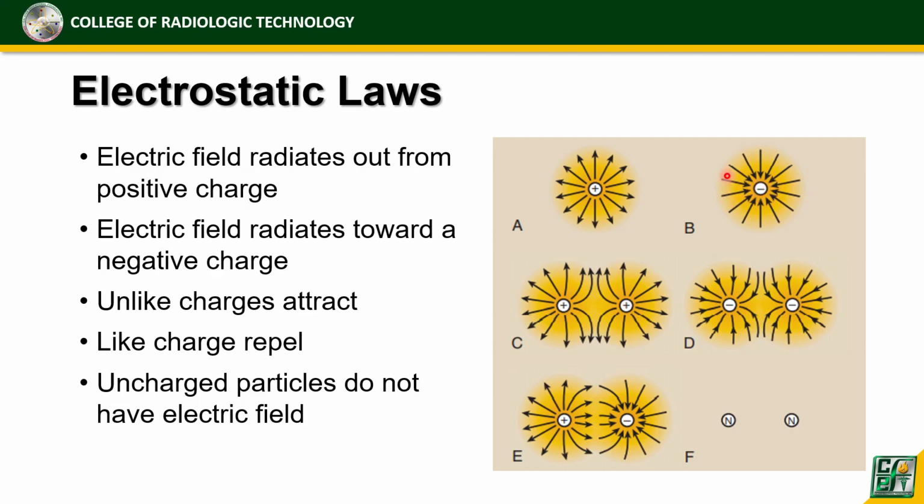So therefore, kung ito yung unang premise, mapupunta tayo sa attraction and repulsion. So kaya nga kung siya ay positively charged sa negatively charged, dahil ang positively charged outward ang electric field at ang negatively charged ay inward ang electric field, therefore they will attract each other.